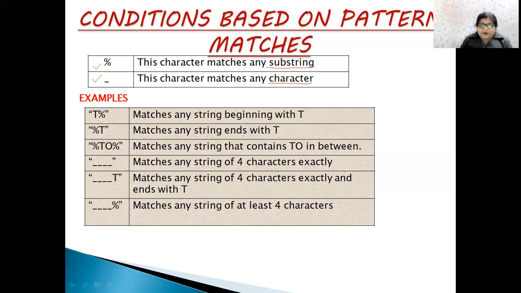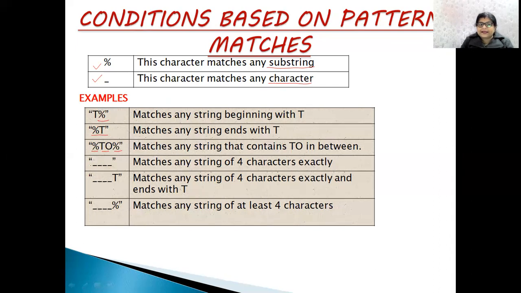T percentage. It means it starts with T, and after that any number of characters will be there. Another pattern ends with T, and before that any number of characters are there. Another starts with anything, then it should be a 2 and ends with anything.